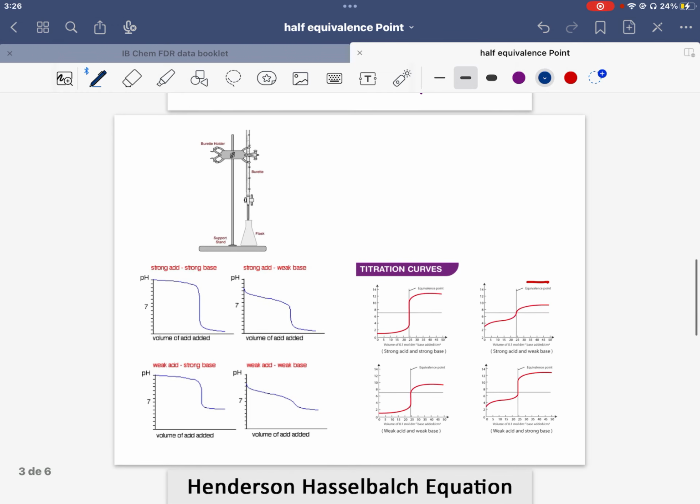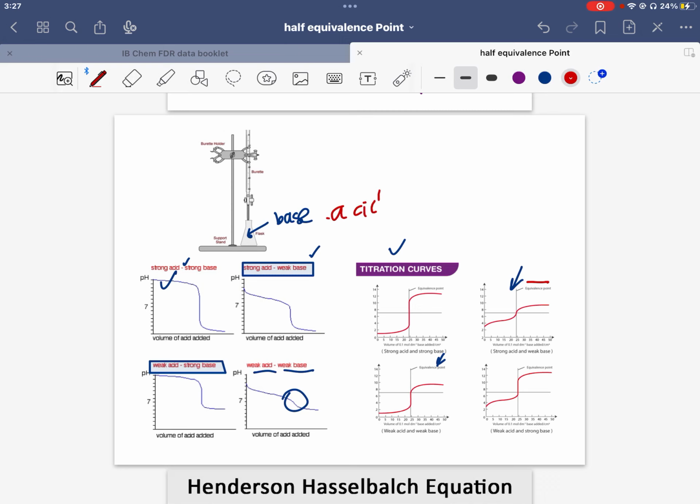Awesome. Well, how does this apply? Let's take a look at my curves here. These are all the curves that I could have, either a strong acid, strong bases. We really focused on when you have one of them being weak, either weak base or weak acid. And that's true in these cases. Notice weak acid, weak base, you don't get a nice equivalence point. And these two different types of graphs come from either starting with a base, and so we start with basic pHs, or starting with an acid, so we start with acid pHs.